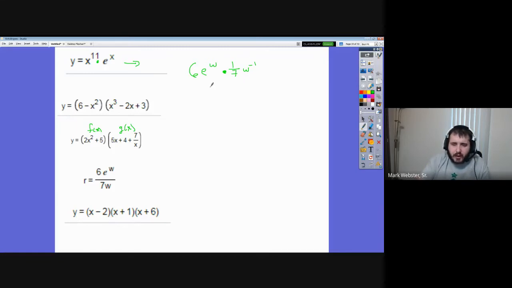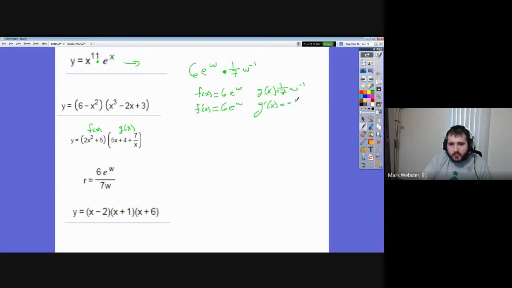Here's my left, here's my right. So I go right, and then we try to take the derivative of e, but it doesn't change. And then here's your g, your g prime. So we bring down the negative 1.